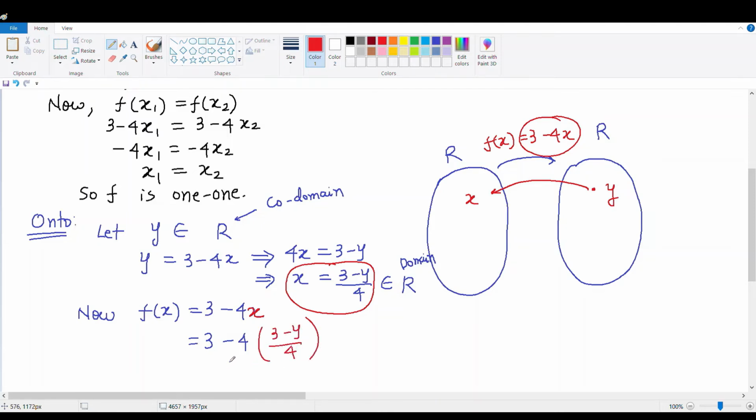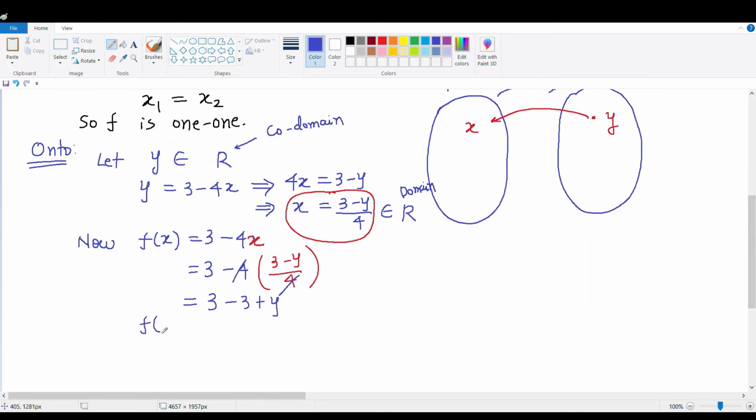Now simplify this, 4 and 4 are going to cancel out. So you are going to end up getting 3 minus, and minus times minus is positive. So 3 minus 3 plus y, and that means you actually got what? f of x equals y. As soon as we get f of x equals y, we can conclude that the function is onto.